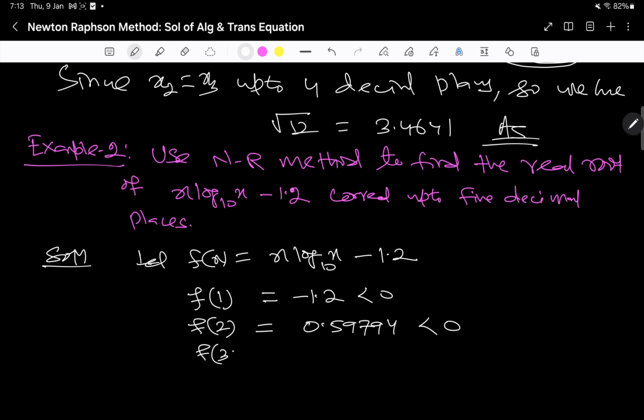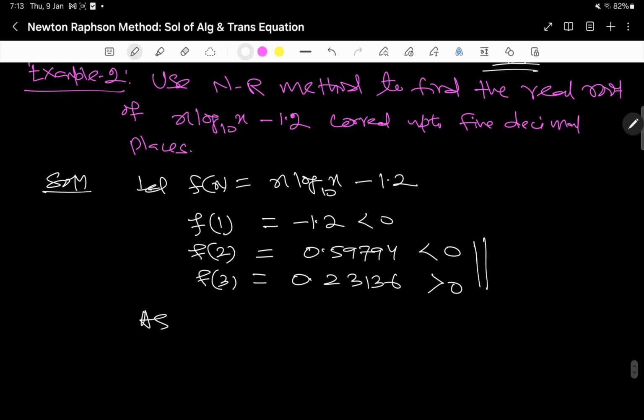What is f of 3? F of 3 will be 0.23136. It is positive. We see this consecutive negative and positive. So as f of 2 into f of 3 is negative, the root lies in (2, 3).